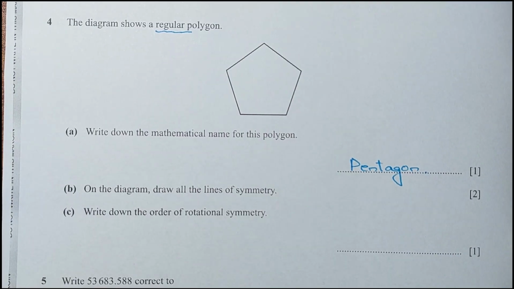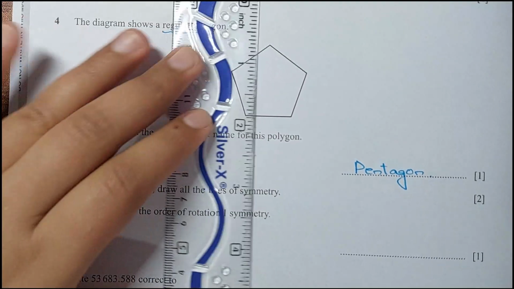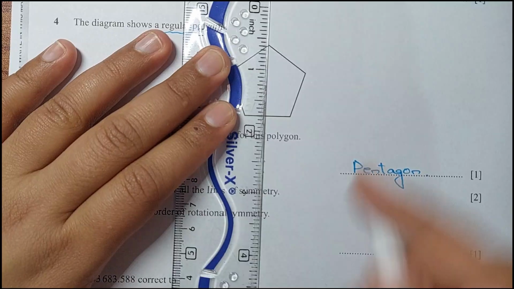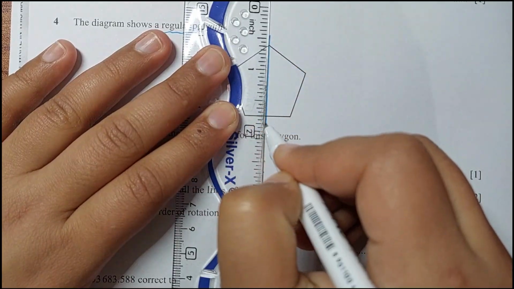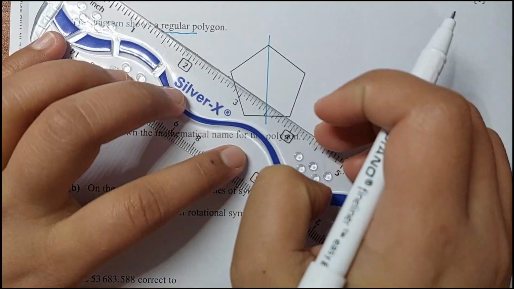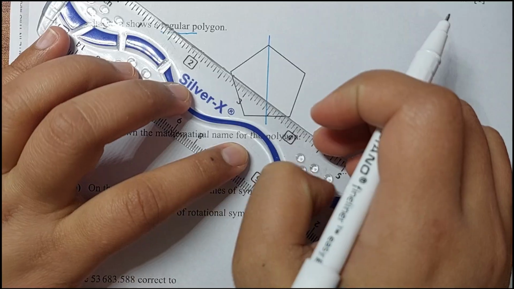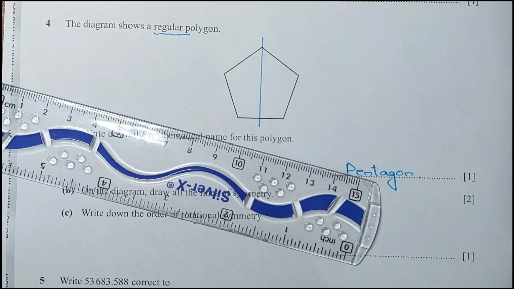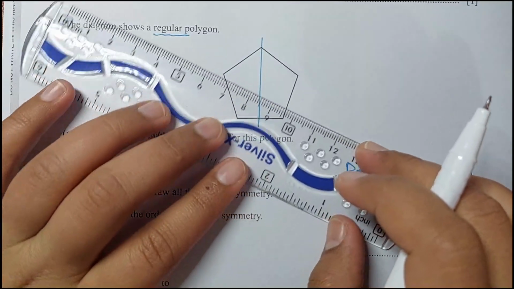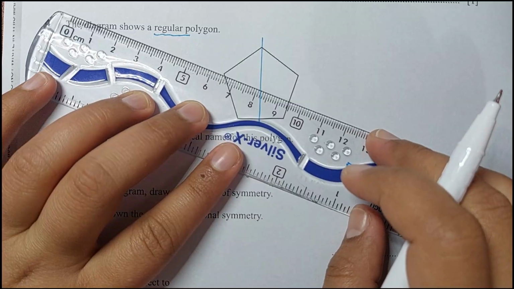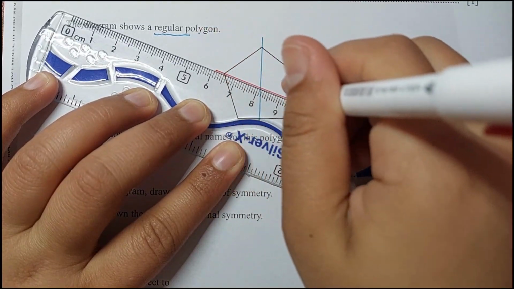Part B, on the diagram, draw all the lines of symmetry. Pentagon has 5 lines of symmetry. This is the first line of symmetry. The second.